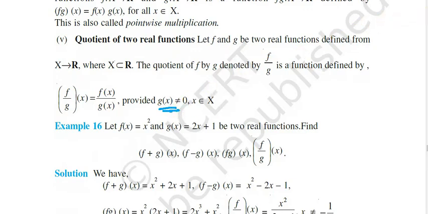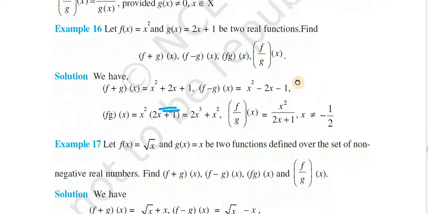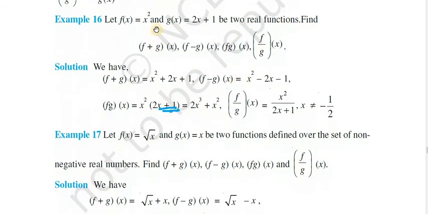We will go through the examples very quickly. Here f(x) is given by x squared, and g(x) is given by 2x plus 1, and we have to find f plus g, f minus g, fg, and f by g. So (f plus g)(x) will be f(x) plus g(x).